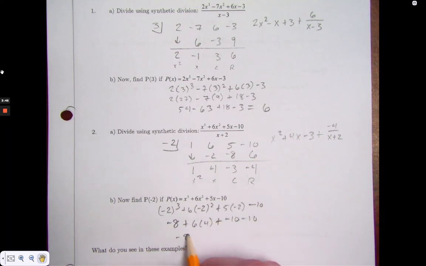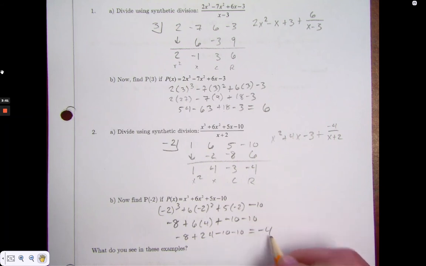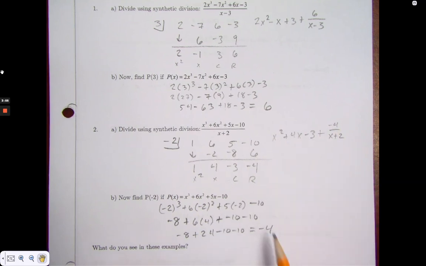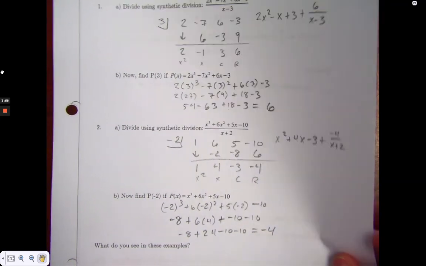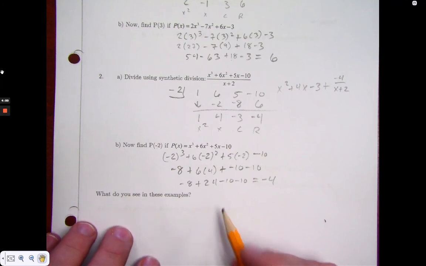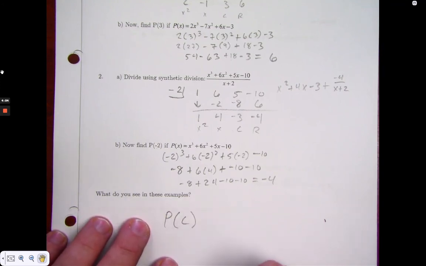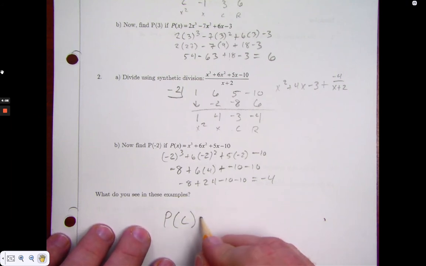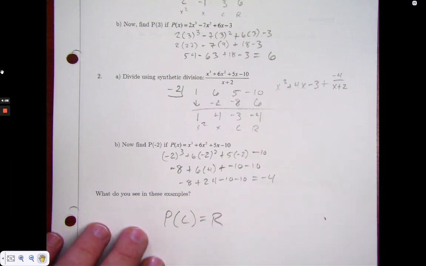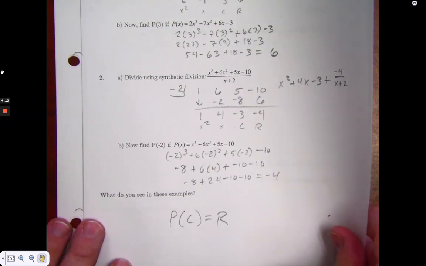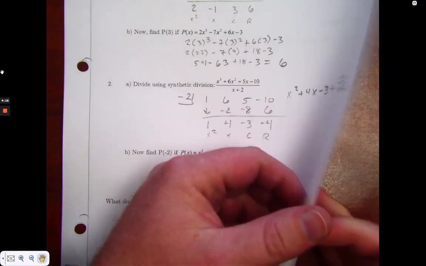So that's -8 plus 24 minus 10 minus 10, which gives us -4. So we have -4 for our remainder, and -4 for our answer when we put in that value. That means if we put our c value into our initial problem, that's going to give us our remainder. That's pretty darn cool.